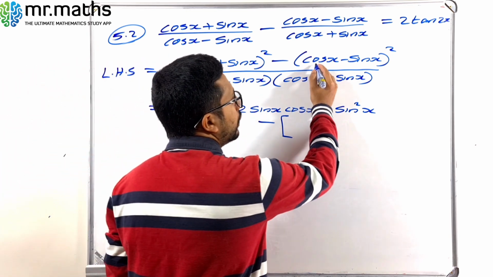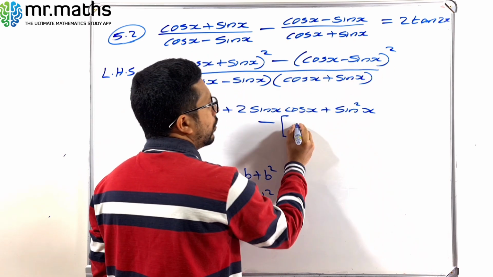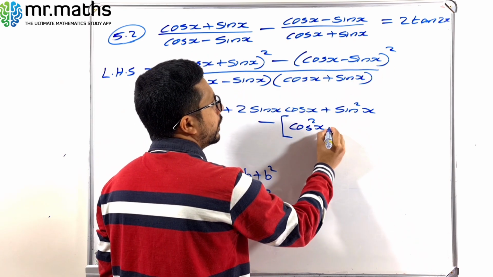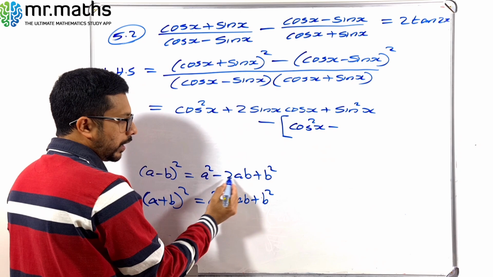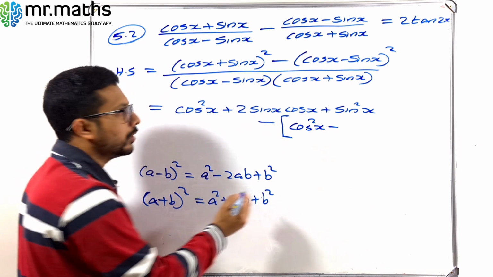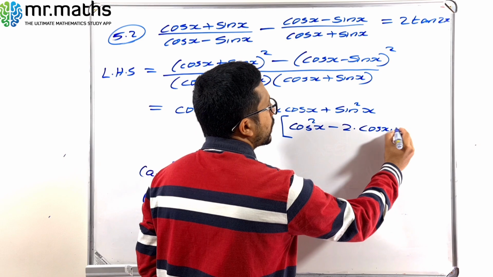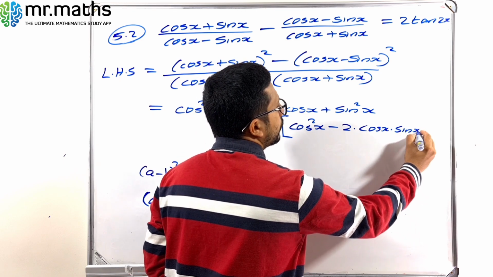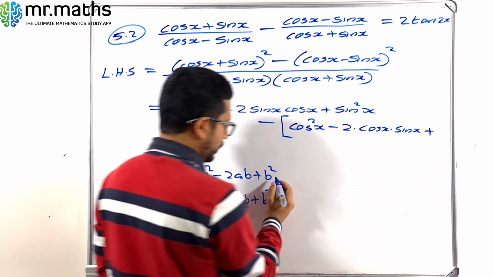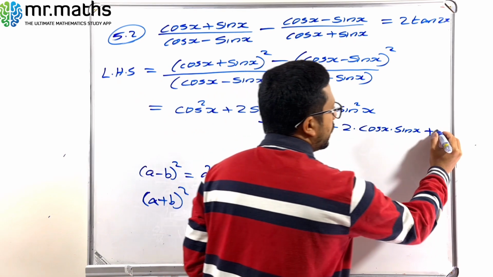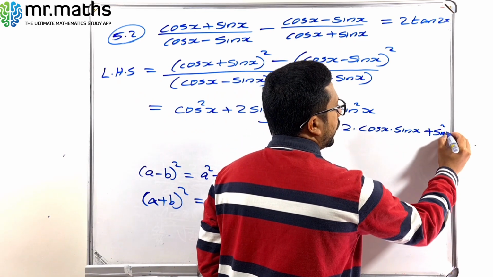So here first term square, that is cos square x minus 2 times first term times second term, plus second term square, that is sin square x.